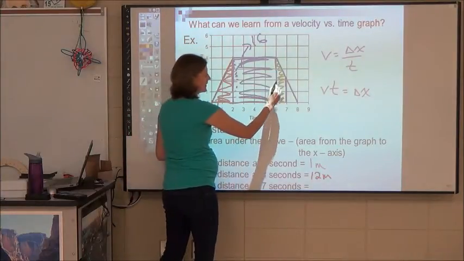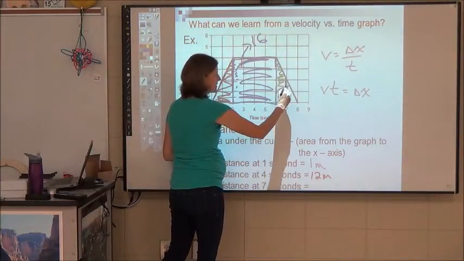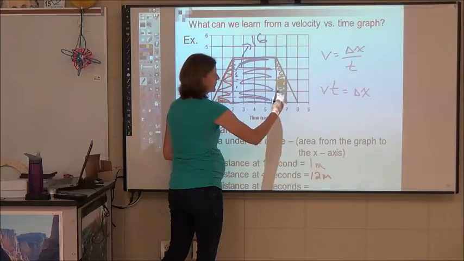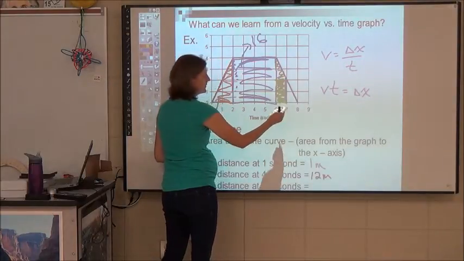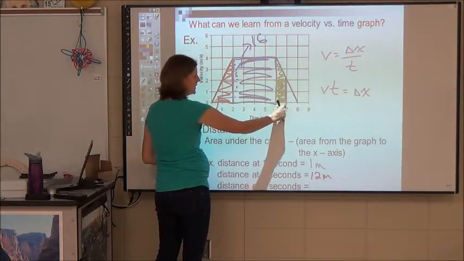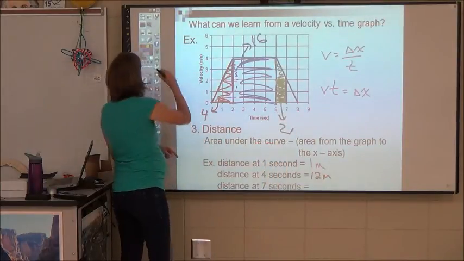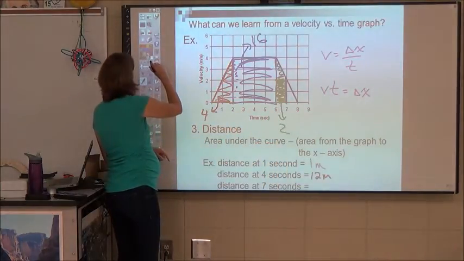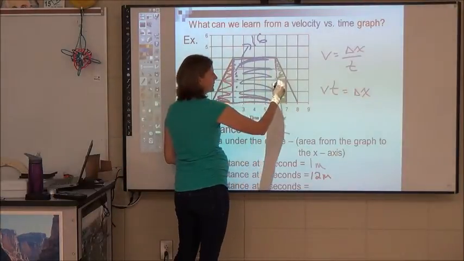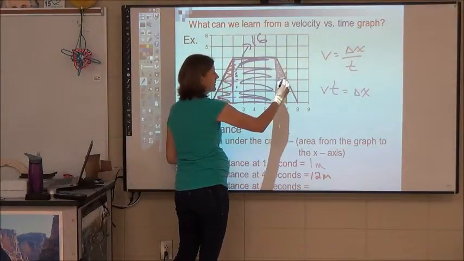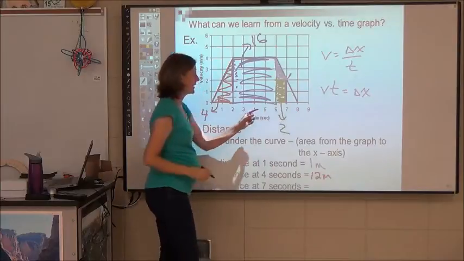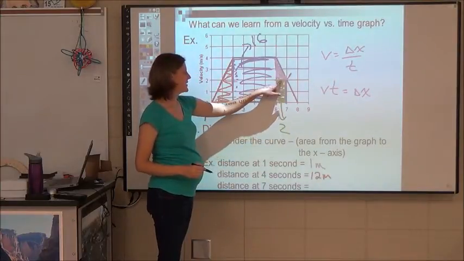I'm going to say I've got this bottom green rectangle with a little base of 1, height of 2. That's 2. And I've got this top little bitty triangle. Again, half base times height.